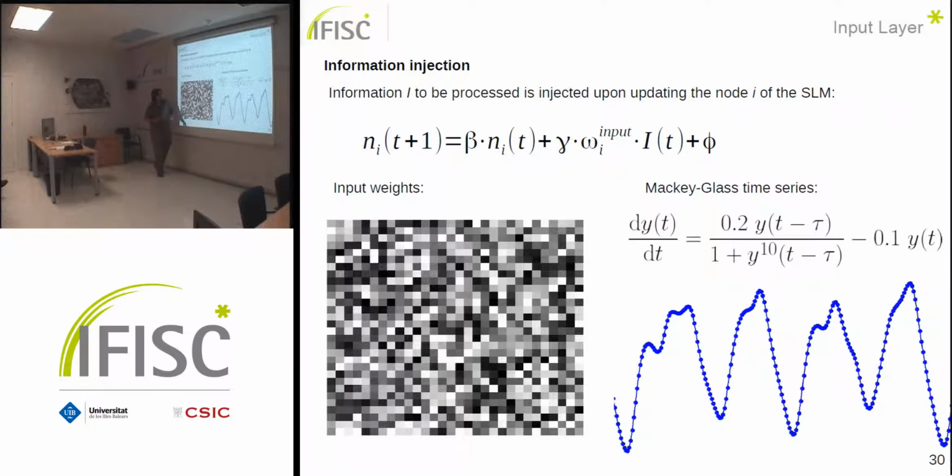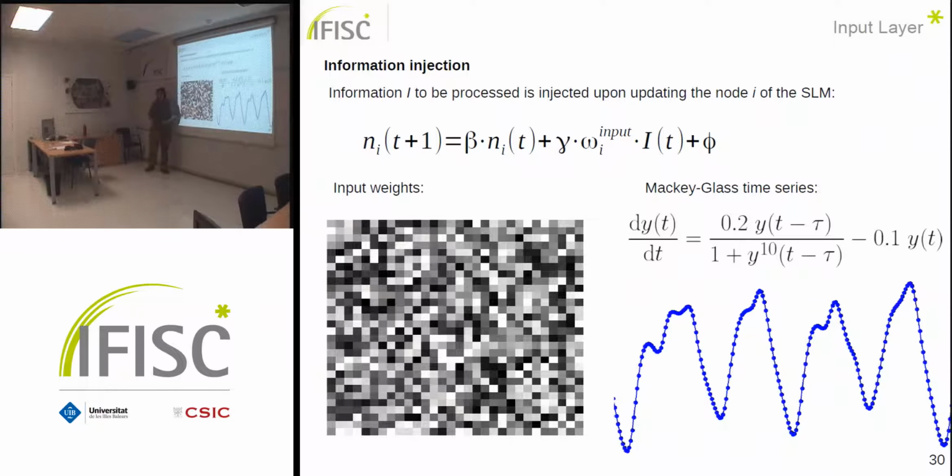The Mackey-Glass time series is a system that follows this differential equation, and with certain parameters you can observe chaotic dynamics. This chaotic dynamics looks like this, and as you can see, it is some almost periodic large amplitude fluctuations with some small things going on top of it.